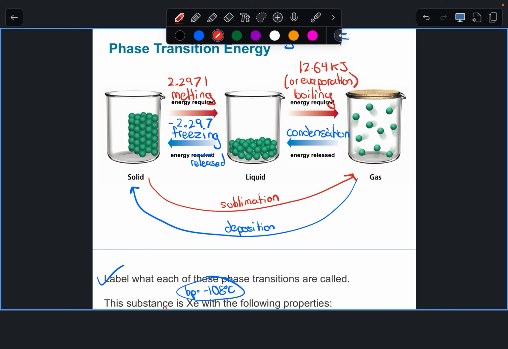These are kilojoules per mole. So just a good reminder of Chapter 7 stuff, that when we're talking about energy release, that's going to be negative.